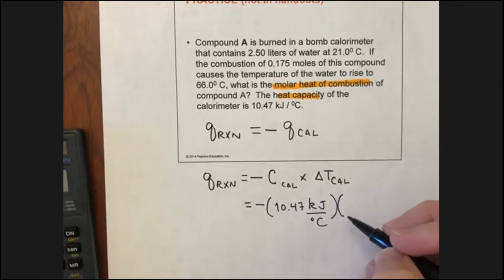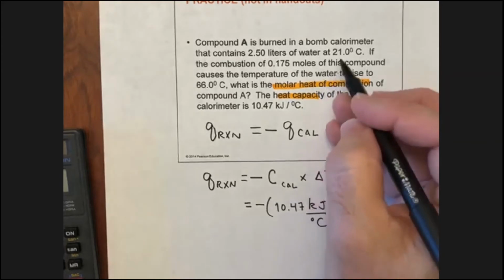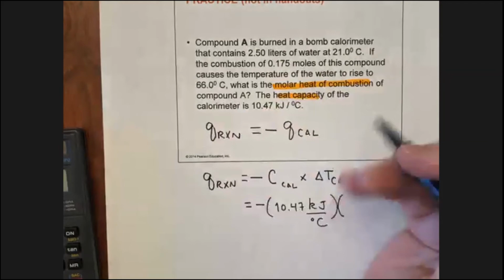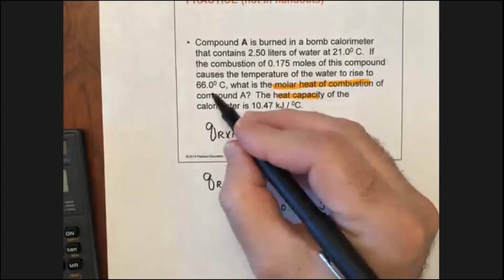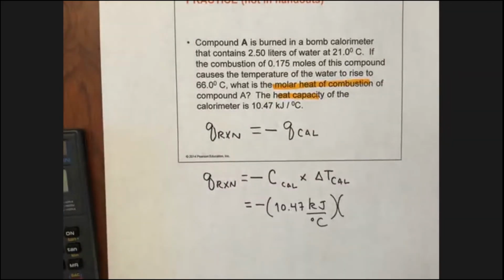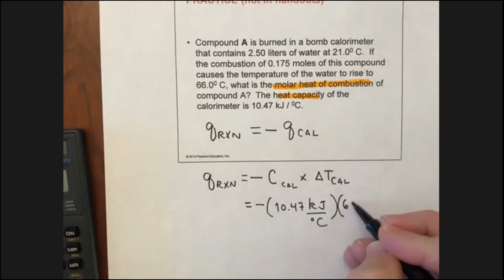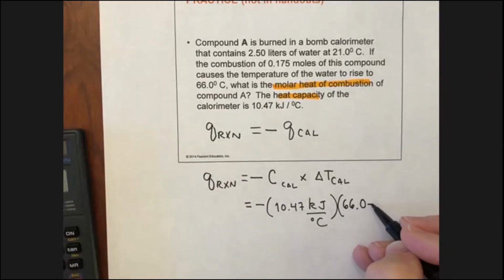And it says the temperature change here was the water started at 21 and it ended at 66.0. I mean 21.0 to 66.0. So that's going to be our temperature change that we consider in this case. So 66 minus 21.0 degrees.